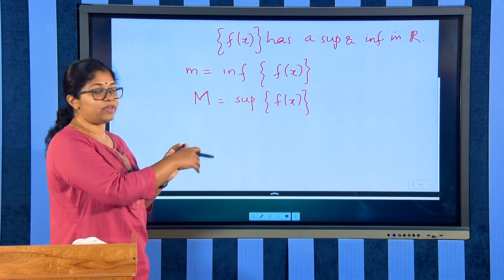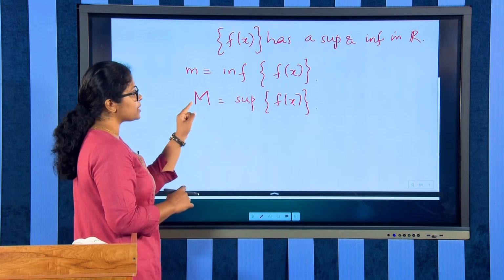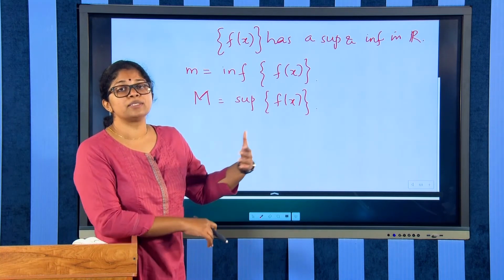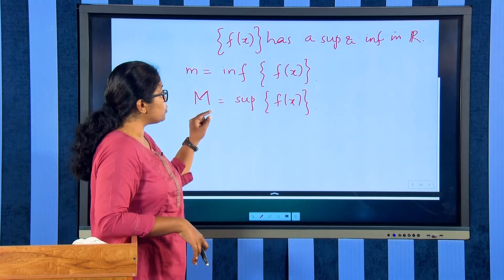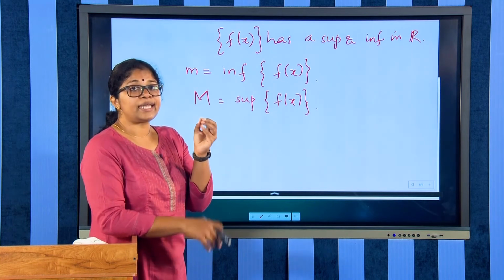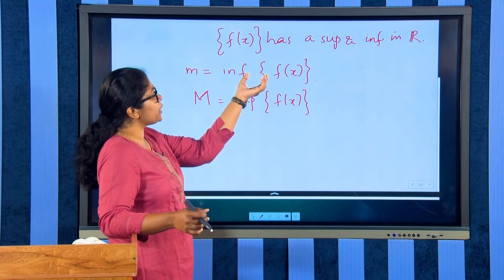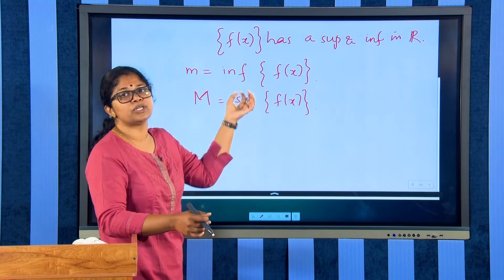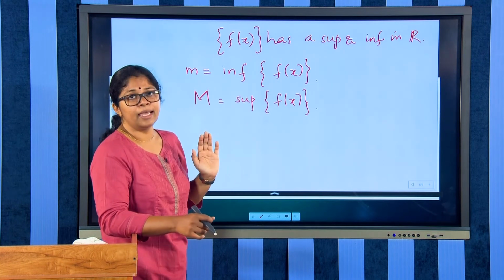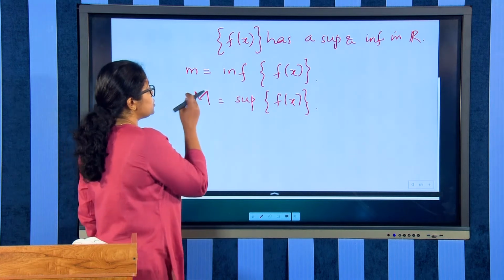So our claim is that capital M is the maximum and small m is the minimum. So by the definition of maximum and minimum, we have to show that there is some point in the interval I which takes the function to the value capital M, and there is some point in the interval I which takes the function to the value small m also. Then only we will be able to show that these are the maximum and minimum that we are expecting to prove. So how to get into that?